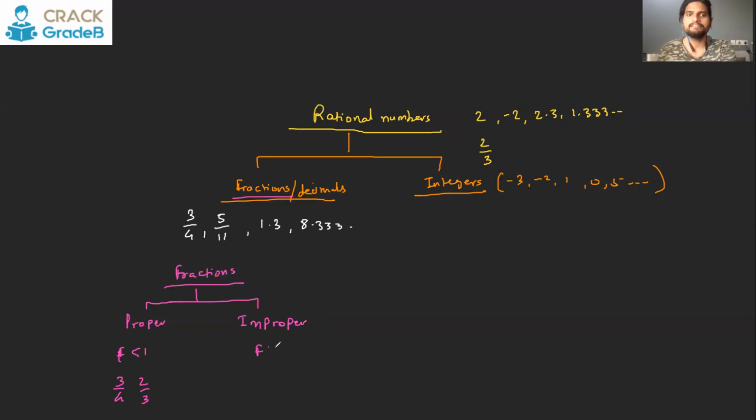Improper fraction means the fraction which is equal to or greater than 1, like 4 by 3, 3 by 2. Because 3 by 2, we can write as 1 plus 1 by 2. 3 by 2, if you consider that fraction, can be written in mixed fraction form, like integer plus fraction. 1 by 2 will be the proper fraction. So that is why these are called improper fractions and these are called proper fractions.